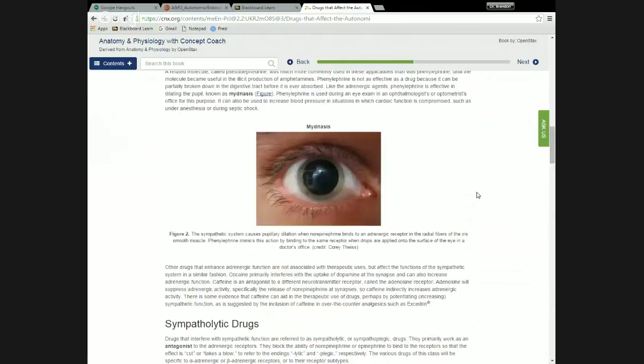And a classic example of that is drugs that cause pupillary dilation. If you go to the optometrist and have your eyes checked and they dilate your pupils, these days they actually don't use a sympathomimetic drug because the risk of it getting into your system and causing other sympathetic reactions is problematic. So nowadays, this isn't really what's done.